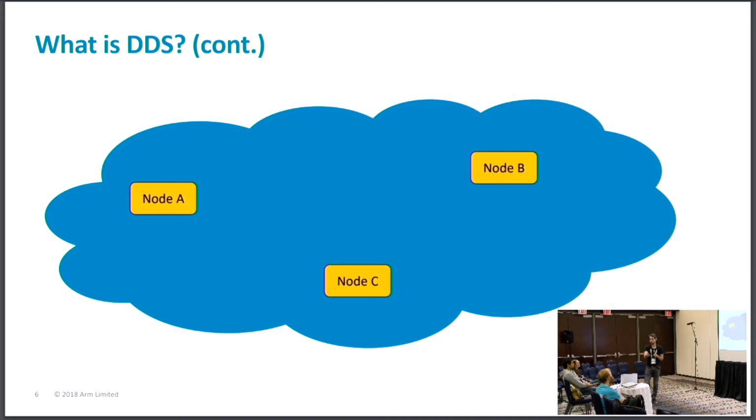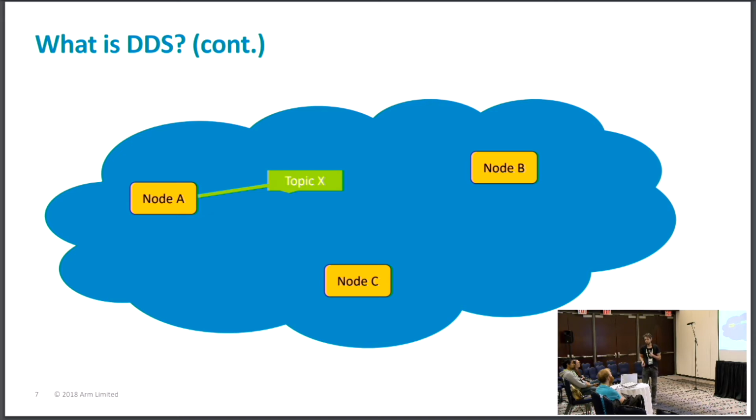So you could have, for example, node A and C as part of one computer, and node B a completely different computer. And nodes can create the topics. A topic is a unique name on your domain, and it defines things like what the data type is, and also there are some quality of service that you can relate to the topic.